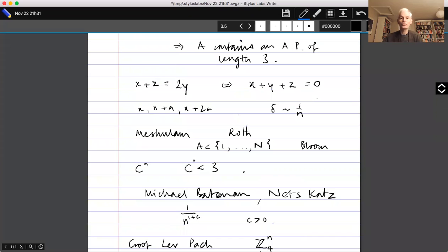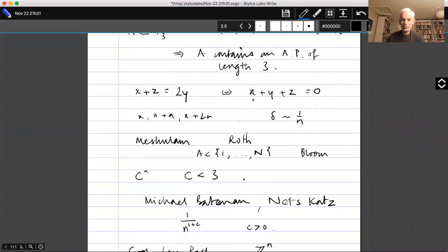If we formulate the problem in terms of looking for solutions to x plus y plus z equals 0, we have a statement that's symmetric in x, y, and z, and Tao thought it would be nice if the proof were symmetric in x, y, and z, which the argument of Ellenberg and Gijswijt wasn't. And he thought about it and came up with a way of running the same sort of argument, but in a symmetrical way.